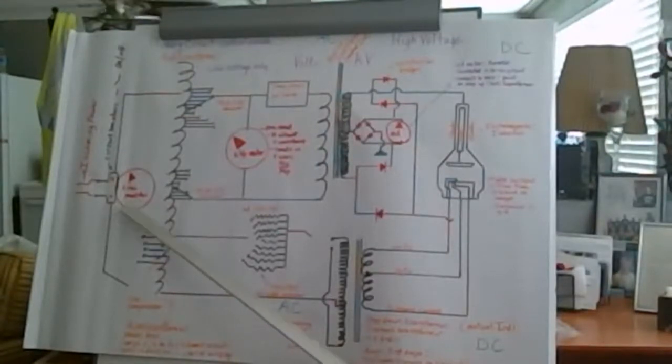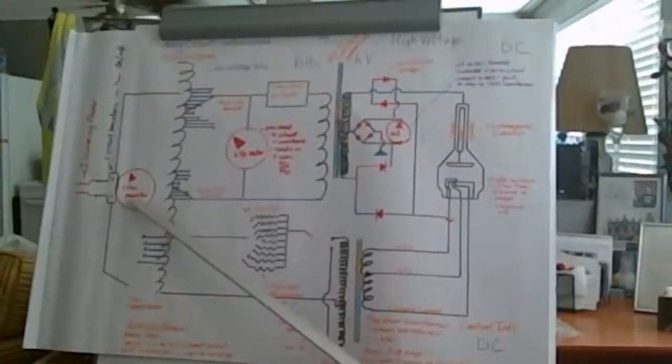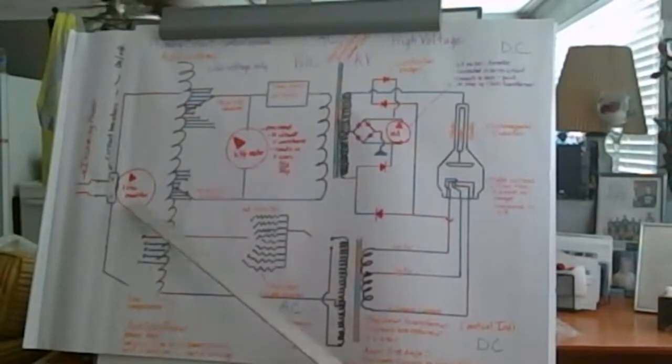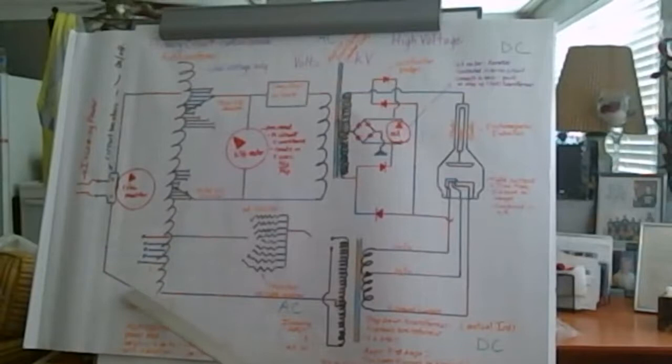Now, very rarely do you actually have the monitor showing up on the equipment, but you still have the line compensation occurring. We have incoming power, and it can be 110, 220, 440, any of those voltages.